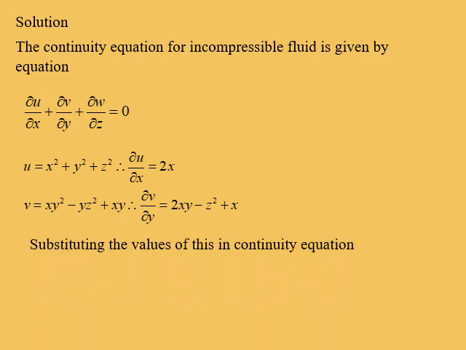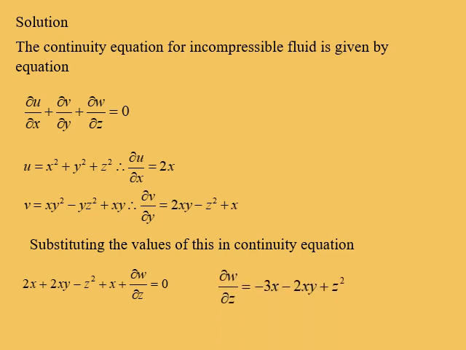Substituting these values in the continuity equation: ∂u/∂x = 2x, plus ∂v/∂y = 2xy − z² + x, plus ∂w/∂z = 0. So in this one, ∂w/∂z is the third velocity component that we need to calculate.